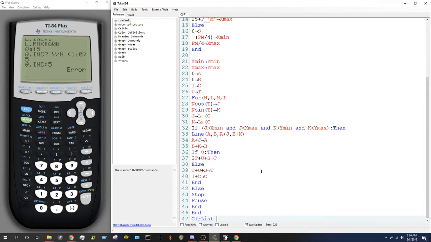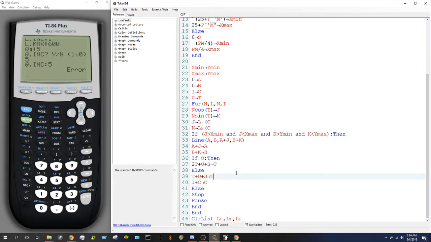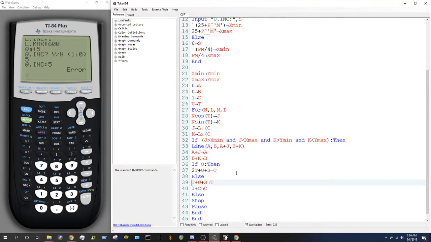Clear list L1, L2. I'm gonna add a list for theta. Oh my god, I'm not increasing the counter, that's why. Idiot alert.